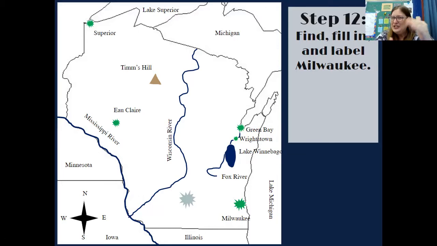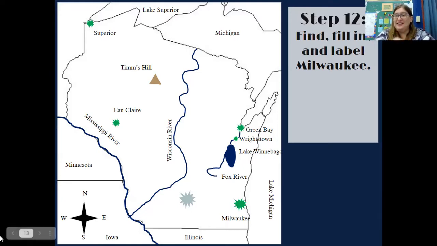It's partly in two different counties, Eau Claire County and Chippewa County. But most of Eau Claire is in Eau Claire County, and it is the county seat, the capital city of the county.